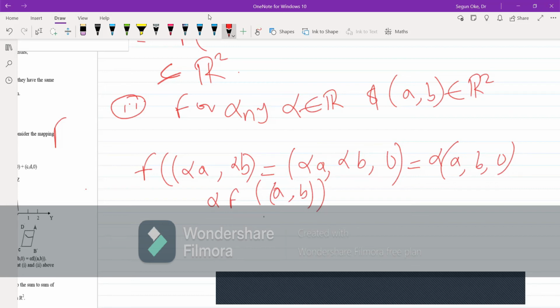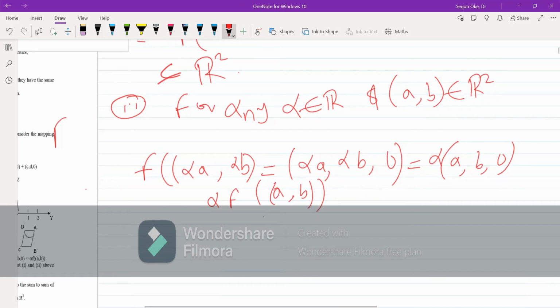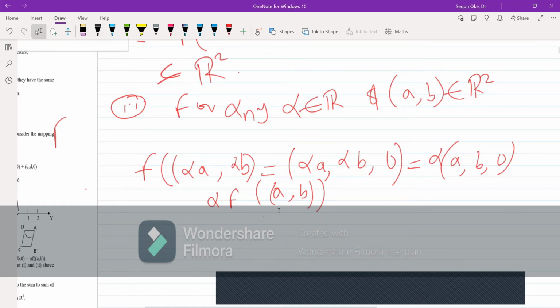You and I can take, for example, alpha as a coefficient, and I hold f of a comma b as a variable, and I take them out. So from there, I can say my alpha is a constant, and I bring the constant out and deal with the other variables.